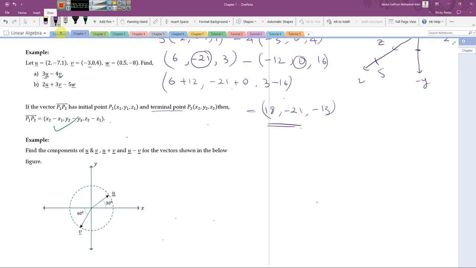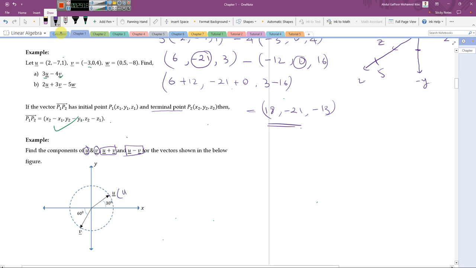Okay, so find the components of u and v, u plus v and u minus v for the vectors shown in the below figure. So this is u and this is v, and we have to find out the coordinates of these vectors.